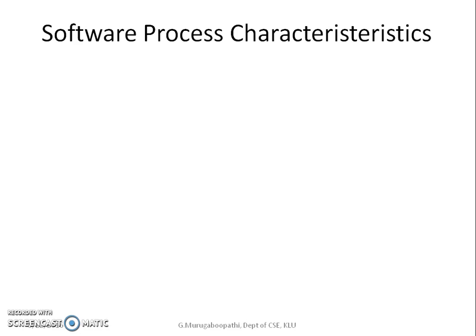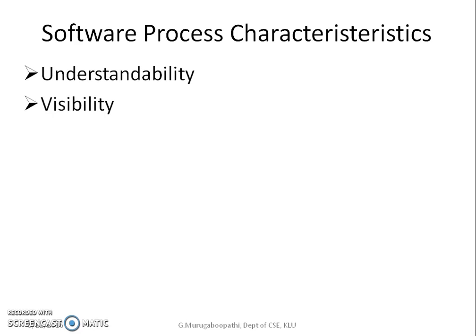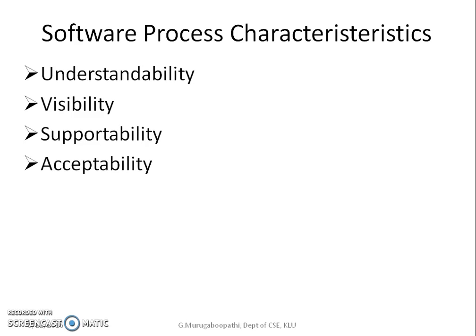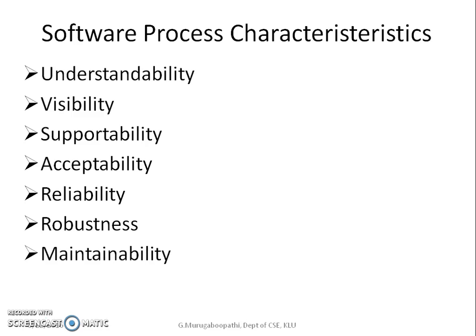The software process has some characteristics like understandability, visibility, supportability, acceptability, reliability, robustness, maintainability, and rapidity.